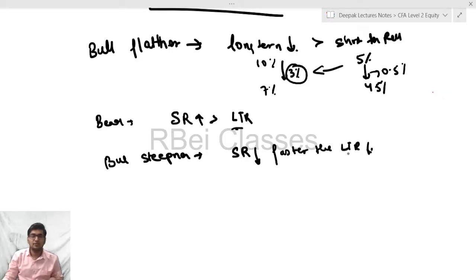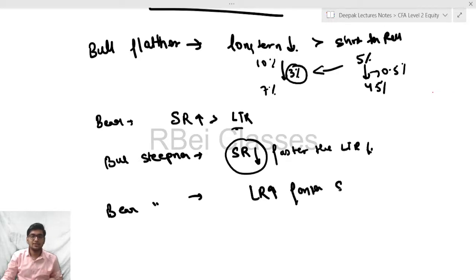See, they both are falling, but which one is falling faster? Short term rates, clear. While a bear steepener occurs when long term rates increase at a faster rate as compared to the short term rates, clear. These are the four important points: bull flattener, bear flattener, bull steepener, bear steepener, clear.